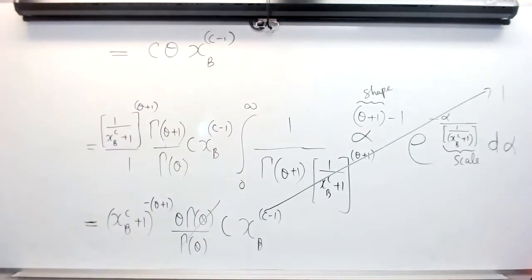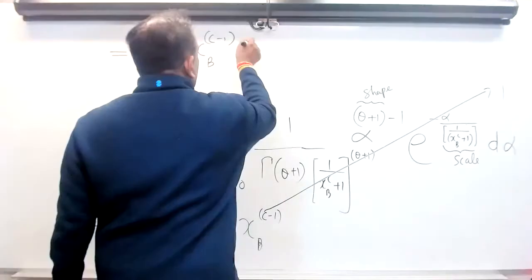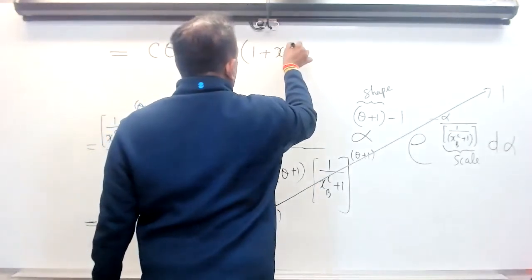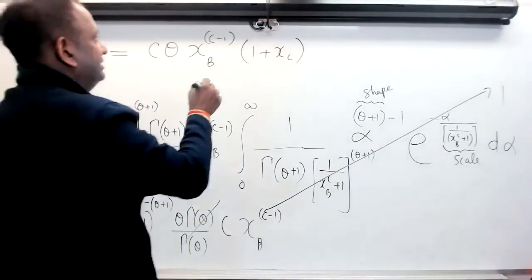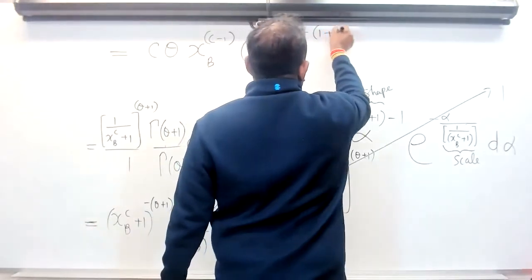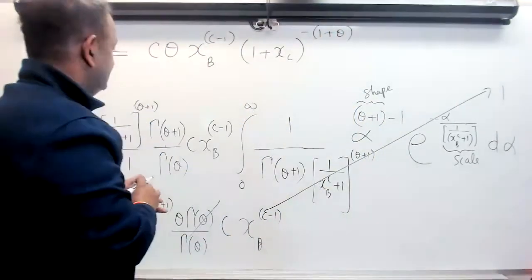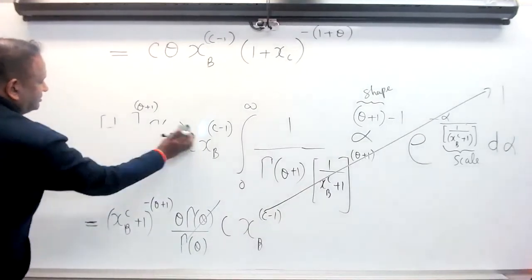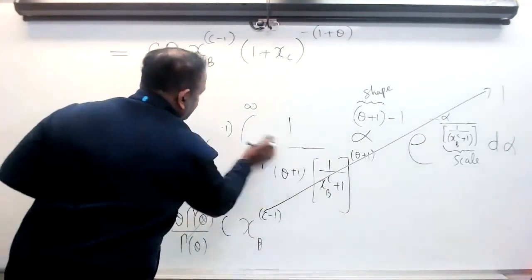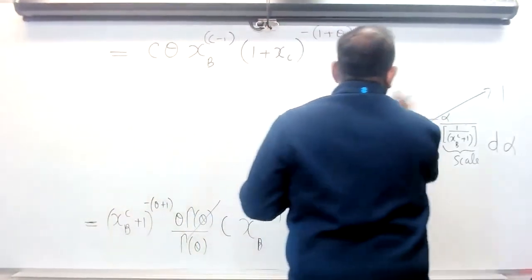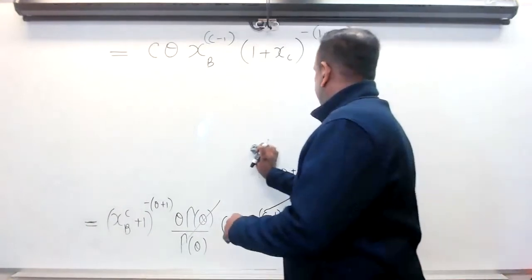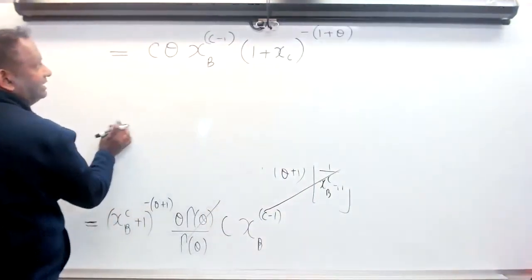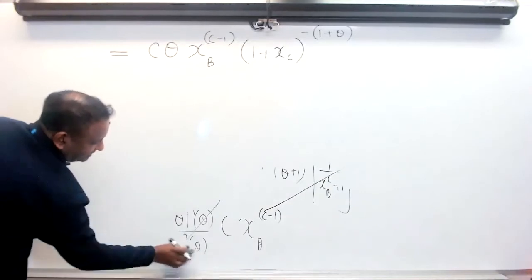What else? Then you have 1 plus x b to the c, to the power of negative 1 plus theta. That's the leftover. That is nothing but the PDF of the Burr distribution with shape parameters theta and c.